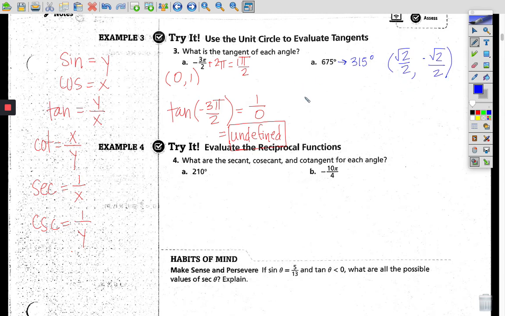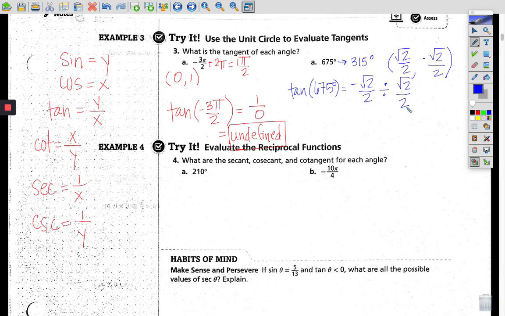All right, so still we got tangent of 675 degrees. We've got y, which is negative square root of 2 over 2, divided by, and I'm just doing this because it's fractions, x, square root of 2 over 2. Y'all remember what happens when you divide fractions? What do you do to that second one?